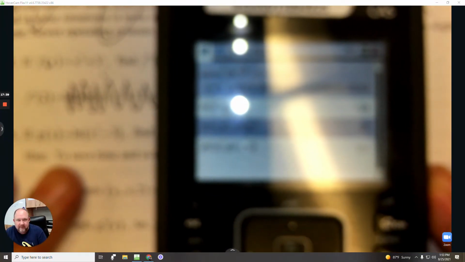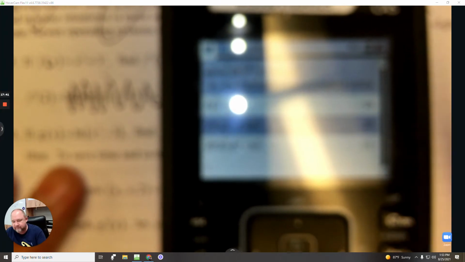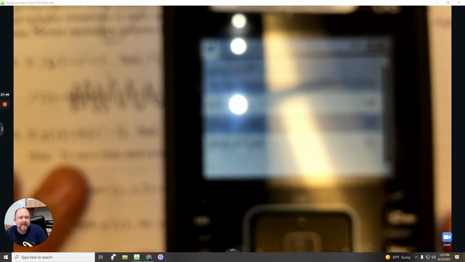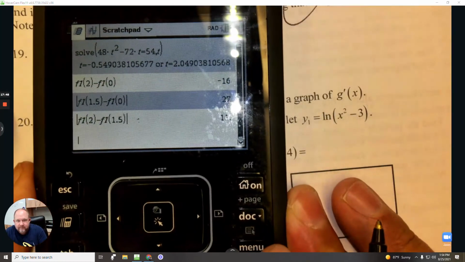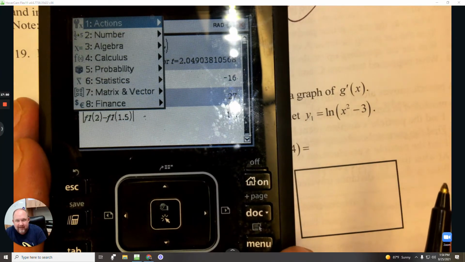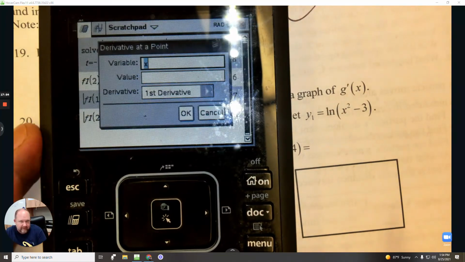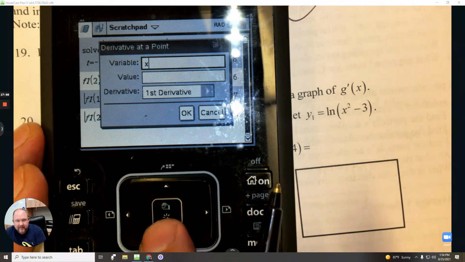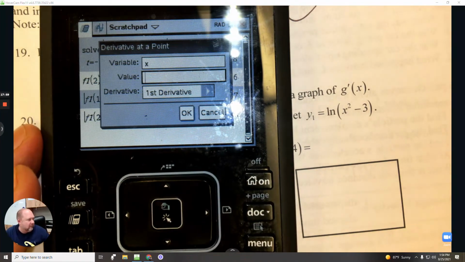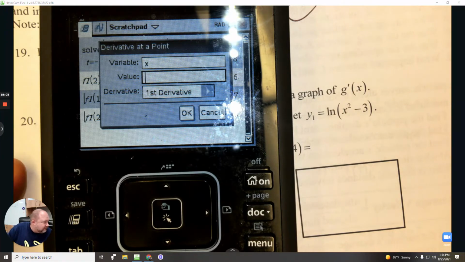So to find the derivative at a value, like at 2, we're going to press the menu button and then calculus and then derivative at a point, number 2. The variable is x, and then the value that we're looking for is at 2.